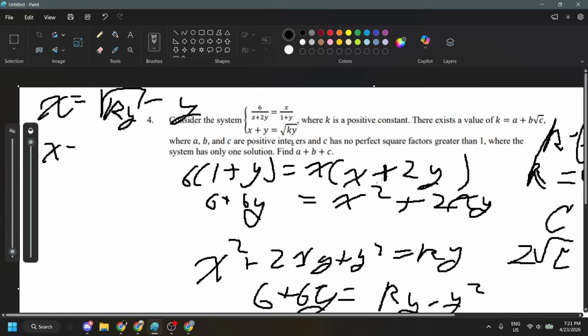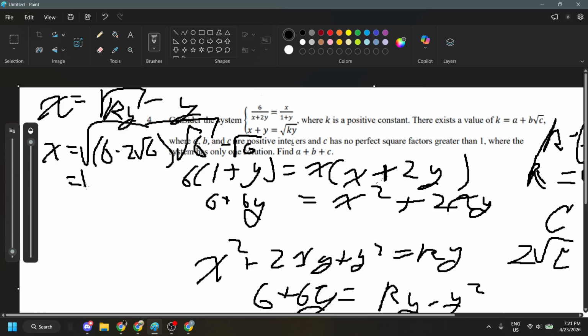If x is equal to square root of 6 minus 2 root 6 times root 6, minus root 6, then we get x is equal to square root of 6 root 6 minus 2 root 6, which is going to be minus 12 minus root 6.